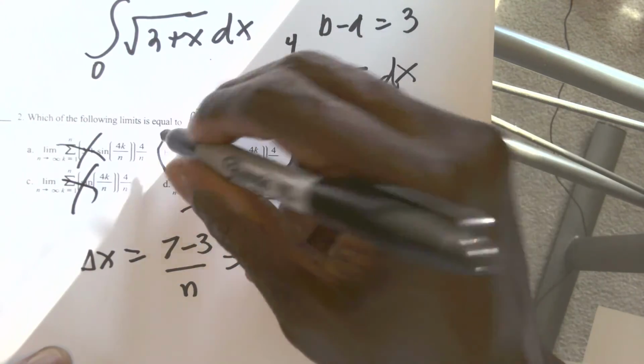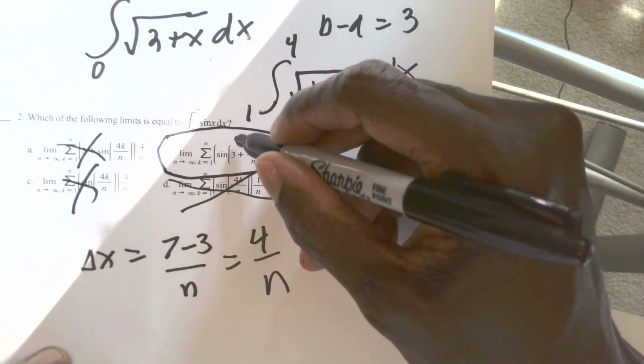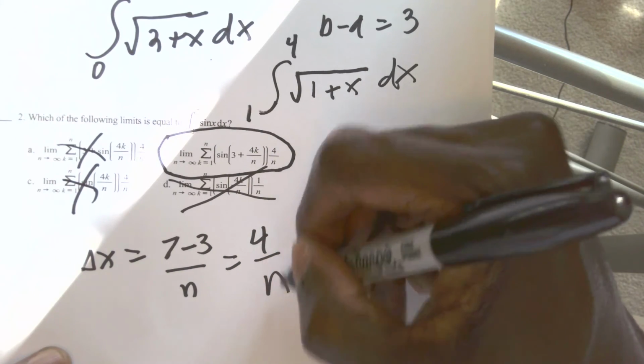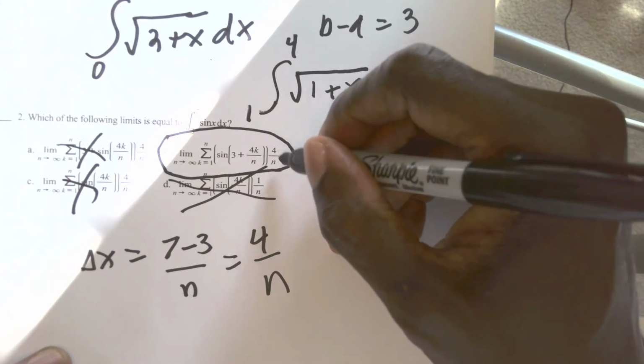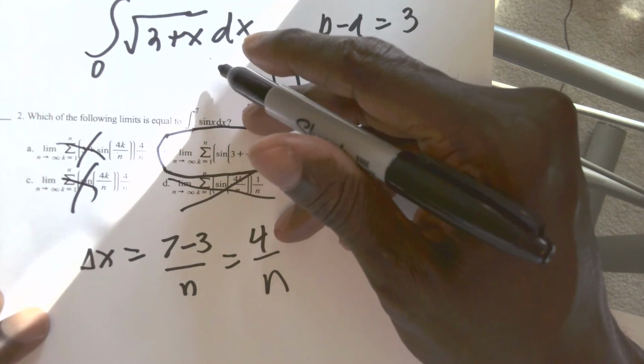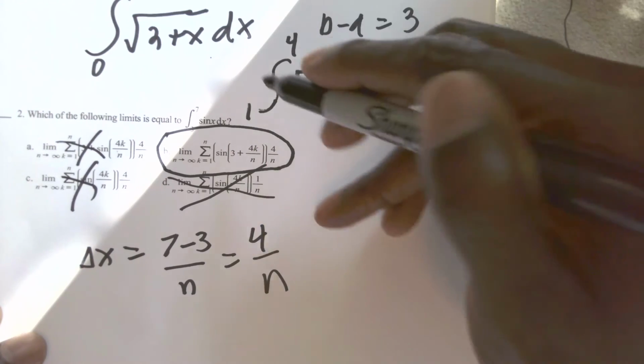And let's look at it. The function is sine. A is 3, so sine of a plus delta xk is 4k over n, and delta x is 4 over n. Now, the deal is when they give you the definite integral, there's really only one real option for the sigma notation.